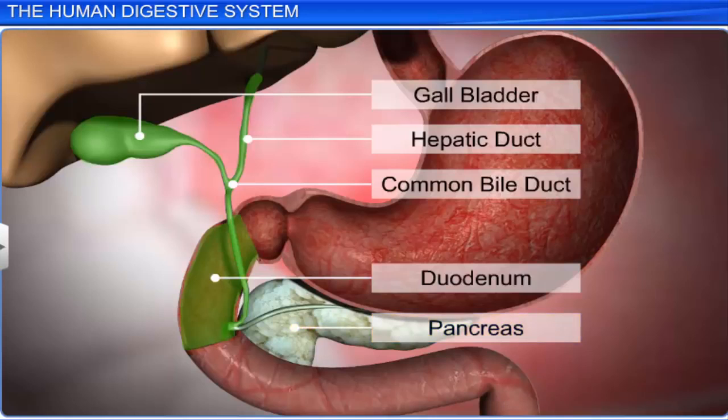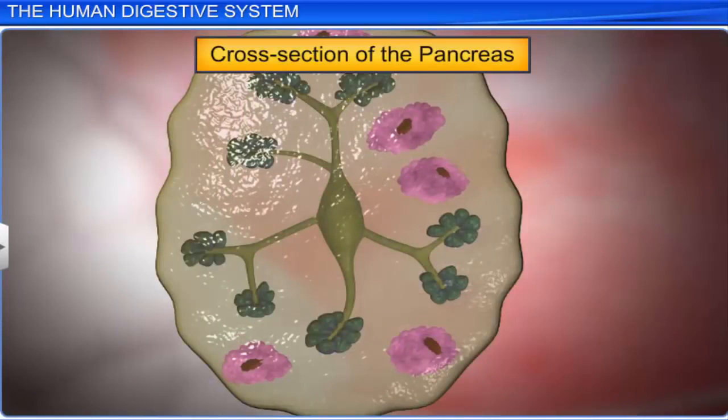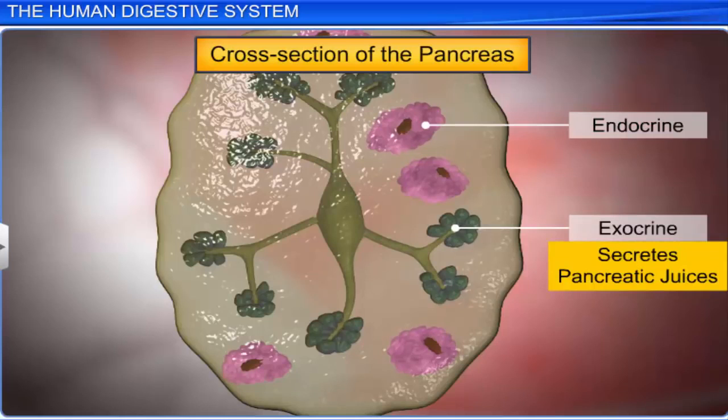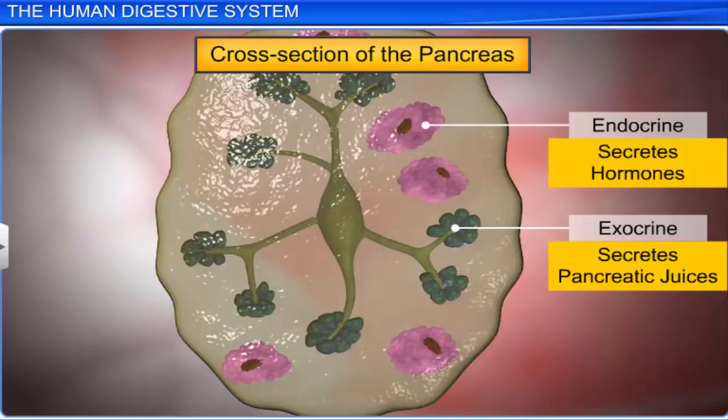Situated in the duodenum, the pancreas is a compound and elongated organ consisting of exocrine and endocrine parts. While the exocrine portion secretes an alkaline pancreatic juice containing enzymes, the endocrine portion secretes hormones such as insulin and glucagon.